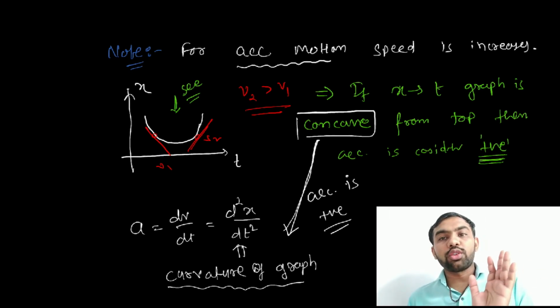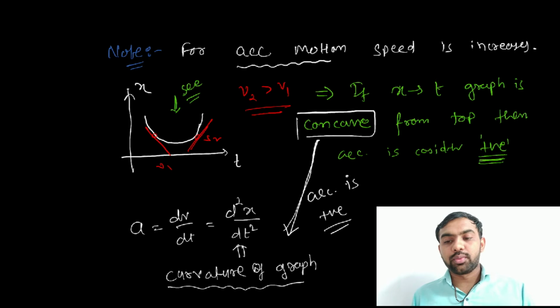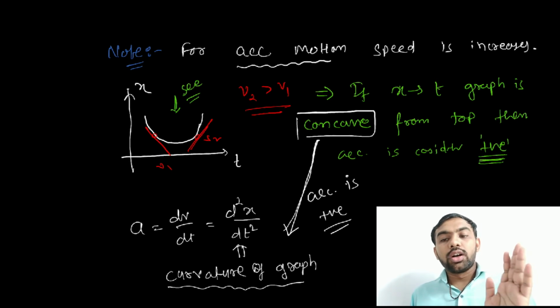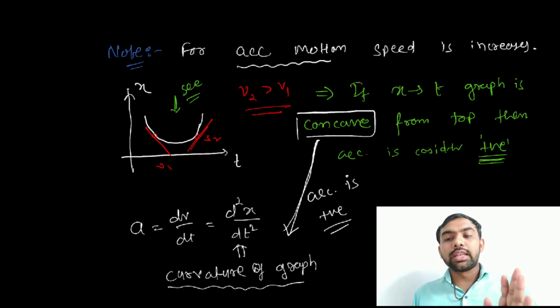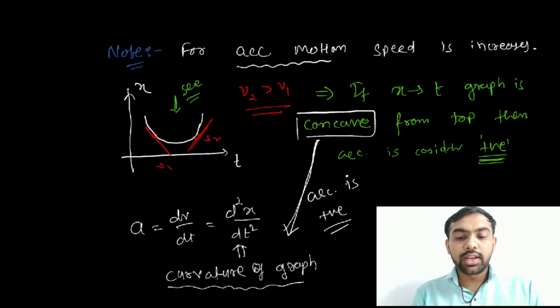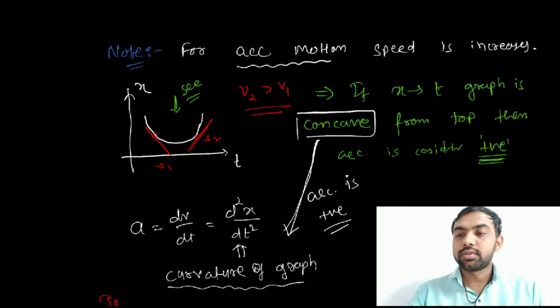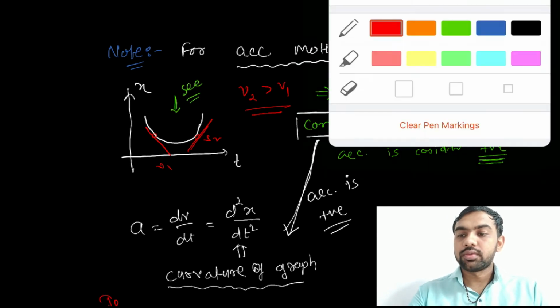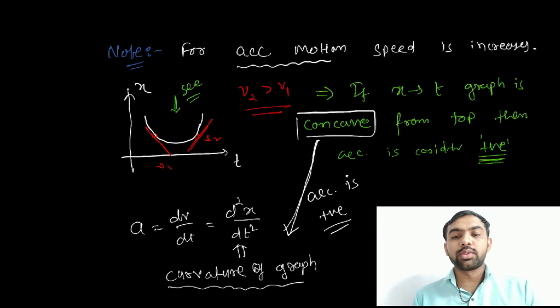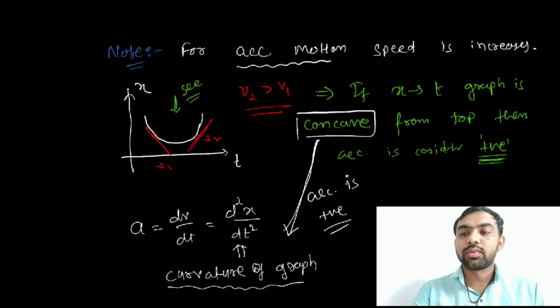And in a similar way, if it is convex curvature, then acceleration is negative. Write this down too.